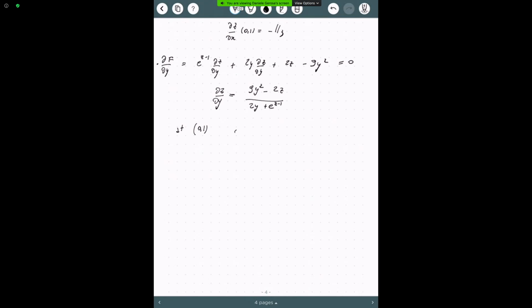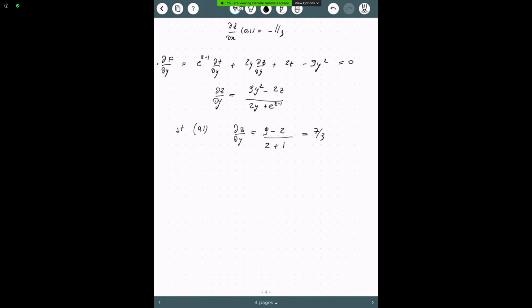At this point, we have that this is equal to 9 minus 2 divided by 2 plus 1, right? And this is 7 divided by 3. So that's the value of the partial derivative with respect to y of z at the point given. Any questions on this?